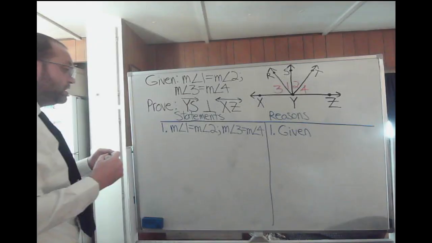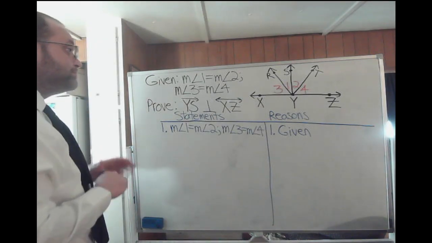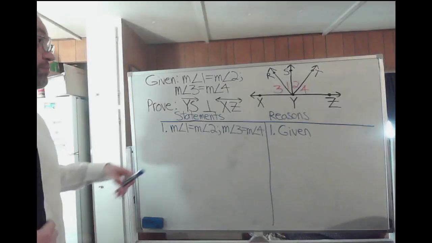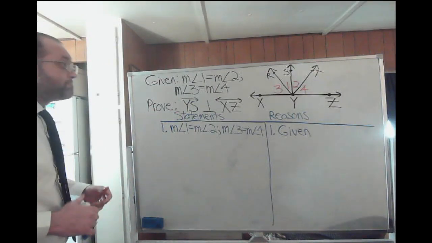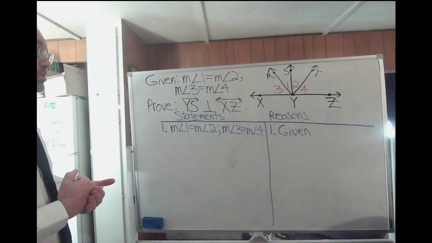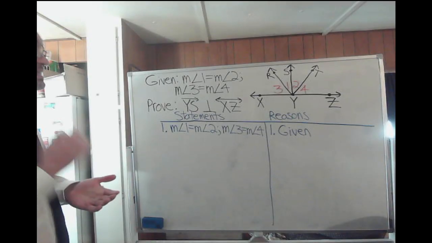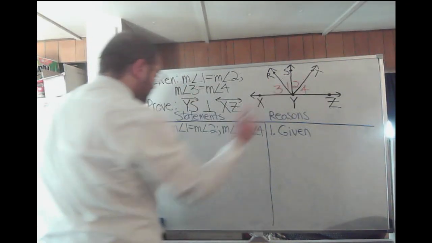Okay, so now we've used our given information. Well, we can't yet prove that any lines are perpendicular whatsoever. All we have to go on here, unfortunately, is that you add up these four angles, you'll get 180.